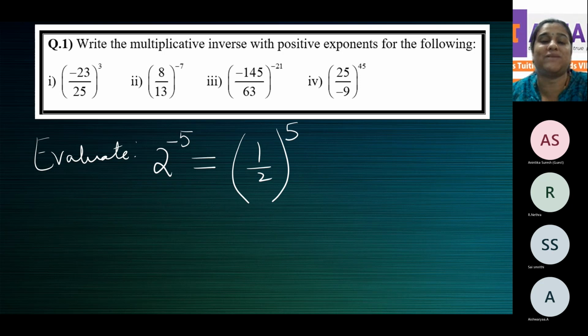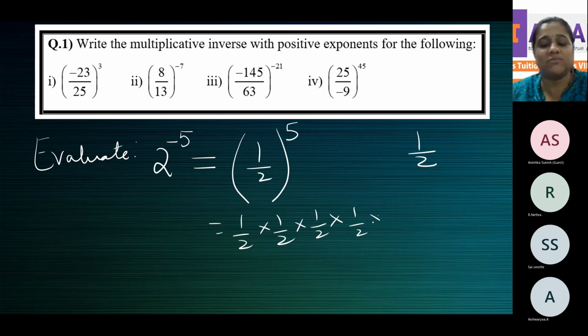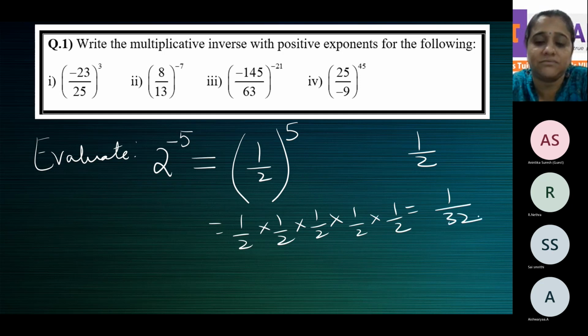So minus 5 becomes plus 5. Now this means the base 1 by 2 has to be multiplied with itself 5 times. 5 times is possible. And 1 by 32 is the answer.